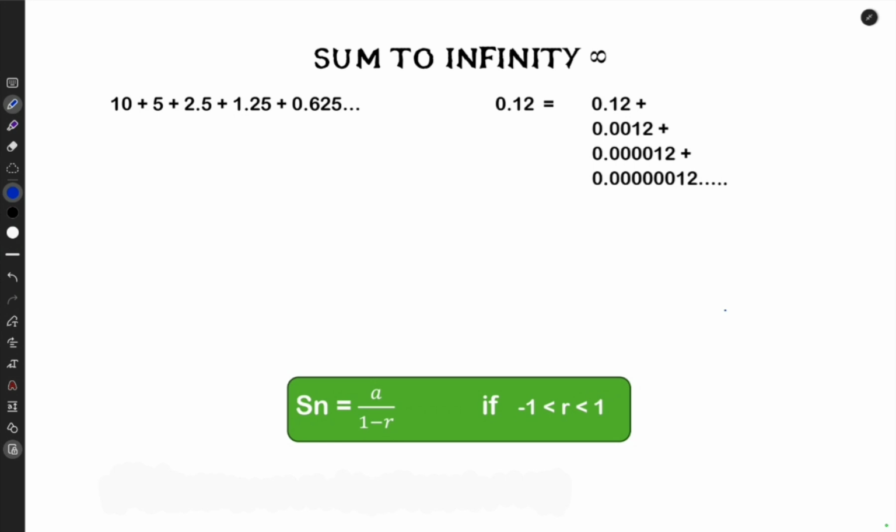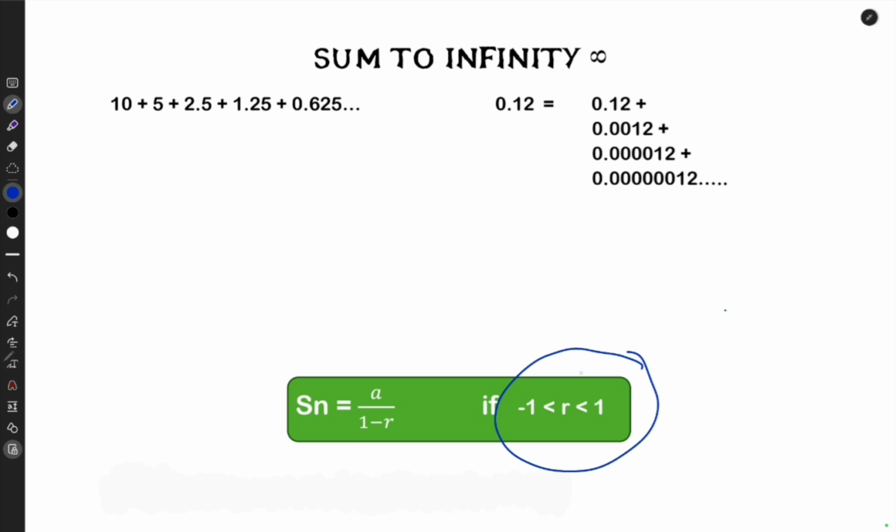With the one on the right, it starts with 0.12, and then the 1, 2 just moves 2 spaces. So I'm multiplying by 0.01 or by 1 over 100. Those are the cases where I can use sum to infinity, if the r value lies between -1 and 1.